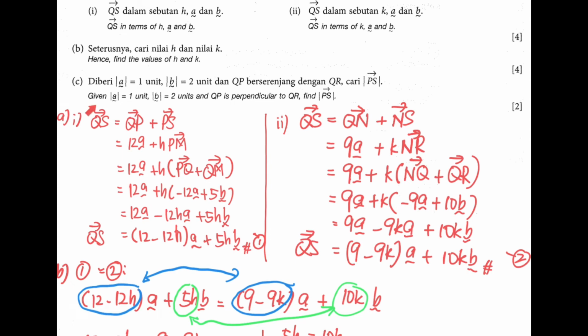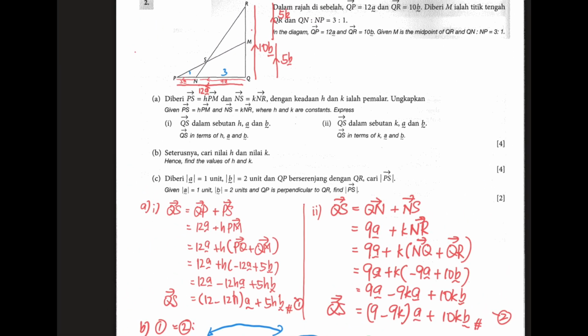Part C, given magnitude of A equal to 1 unit, magnitude of B equal to 2 units. Let's see how we use it. You look at the pictures here. If magnitude of A is 1 unit, then your QP is going to be 12 times 1 unit equal to 12 units.